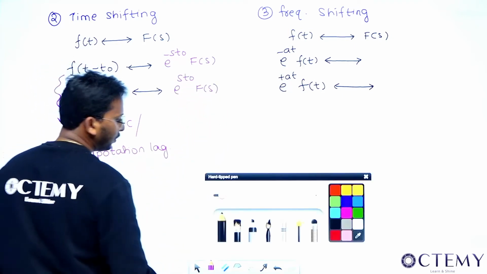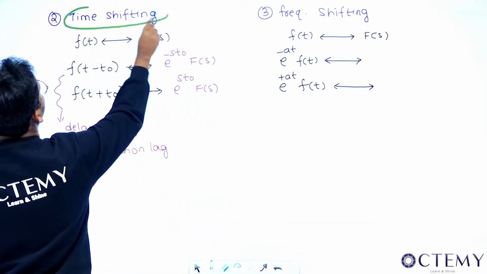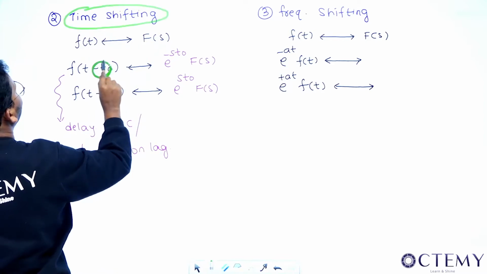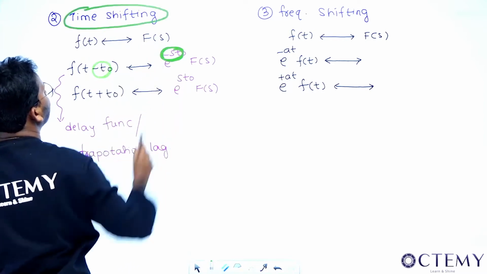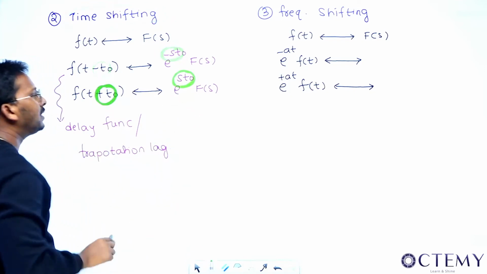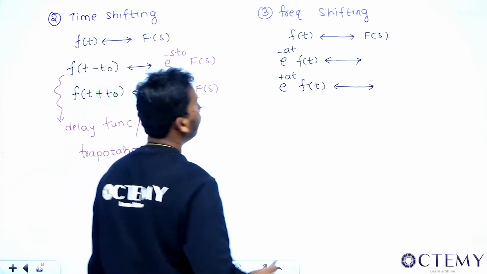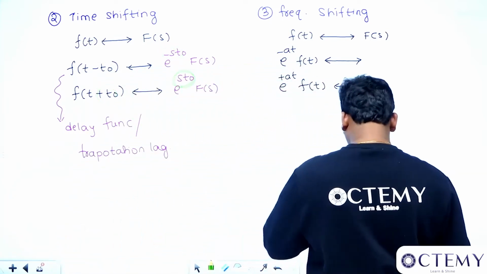So one thing to observe from here is, in time shifting, if you have minus t naught here, this will become e power minus s t naught. If you have plus t naught here, it will become e power plus s t naught. Whereas in frequency shifting, what happens?